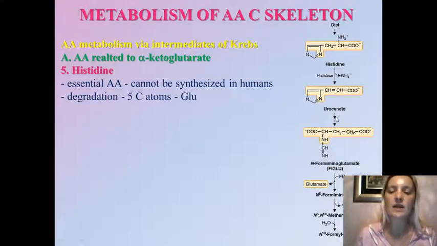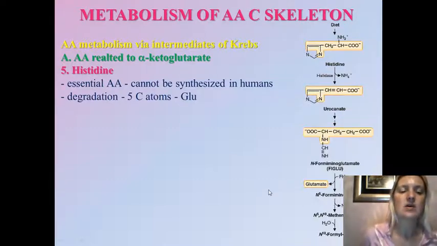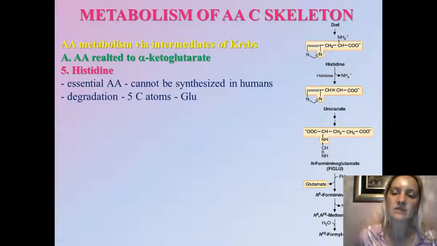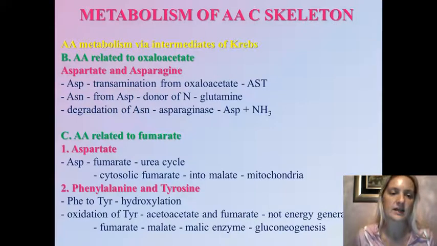And then urocanate undergoes subsequent reactions to form 4-iminoglutamate, and this is degraded to glutamate, and one carbon atom is incorporated into FH4 to get formyl FH4. So 5 carbon atoms of histidine are converted to glutamate, and 1 is transferred to tetrahydrofolate.